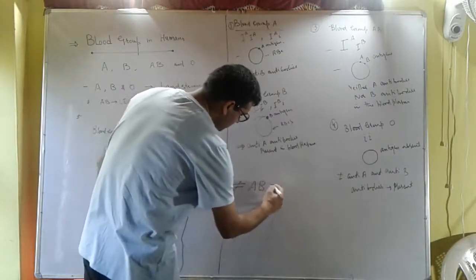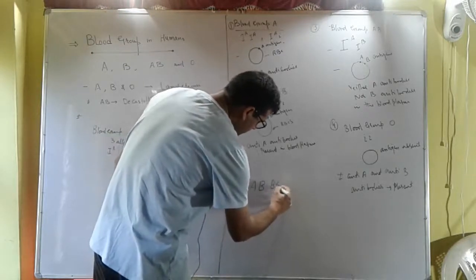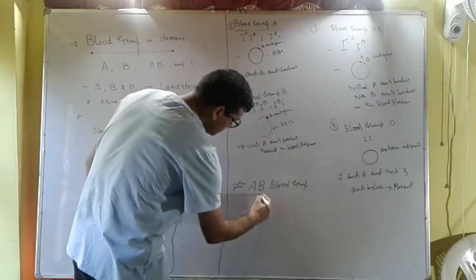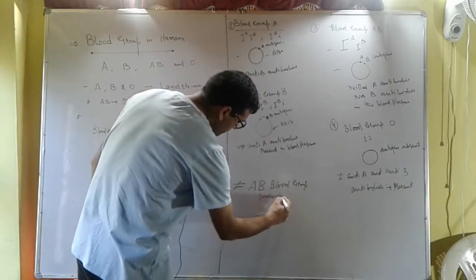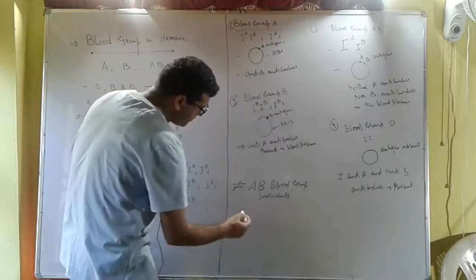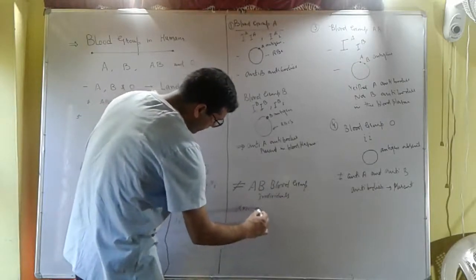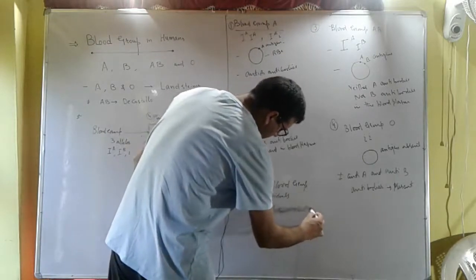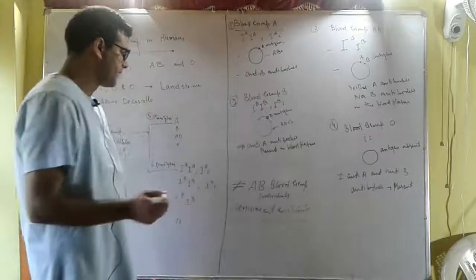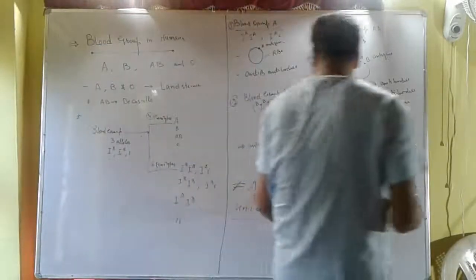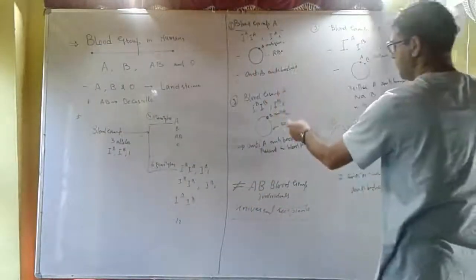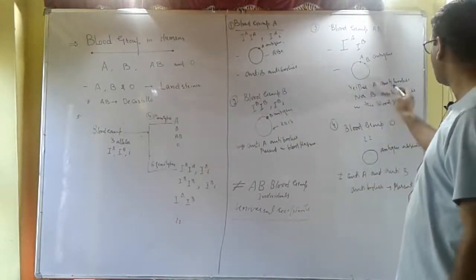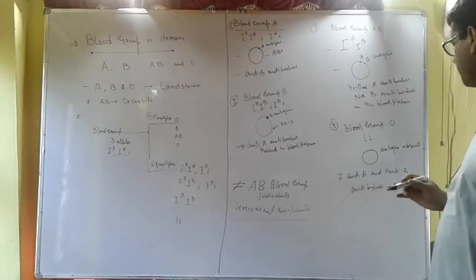Why are they universal recipients? They can receive blood from A, B, and O because they have no antibodies present in their blood plasma.